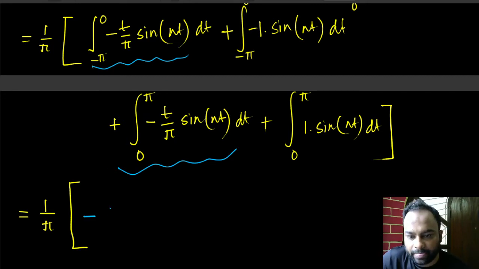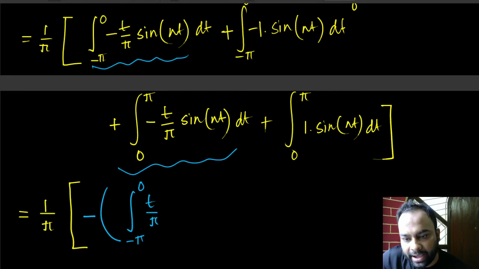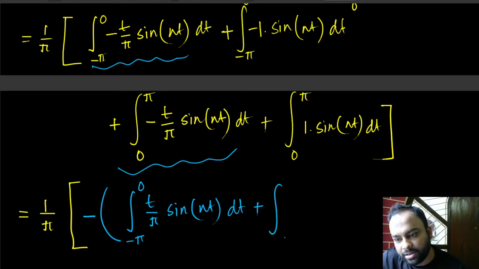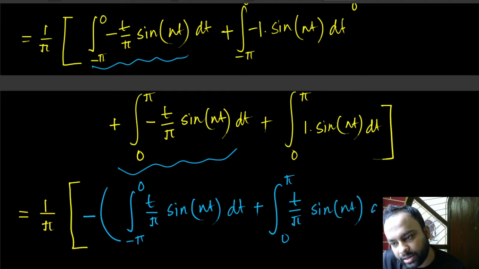I have minus, and I have minus pi to 0, t by pi sine nt dt, and from this we have 0 to pi, t by pi sine nt dt, right?